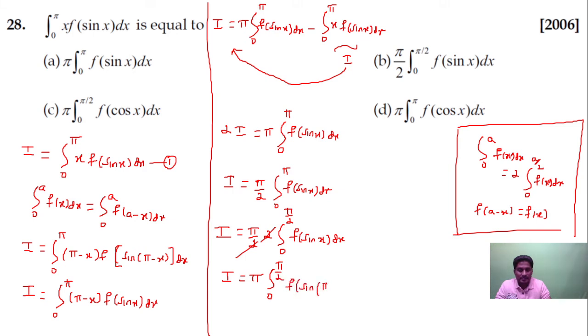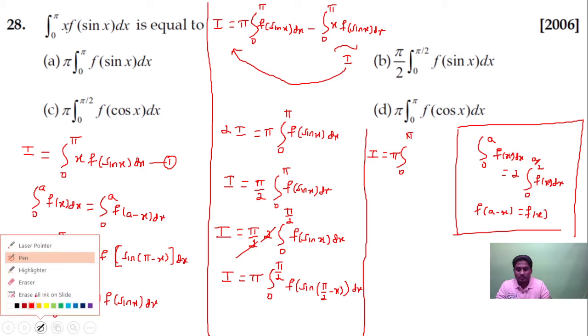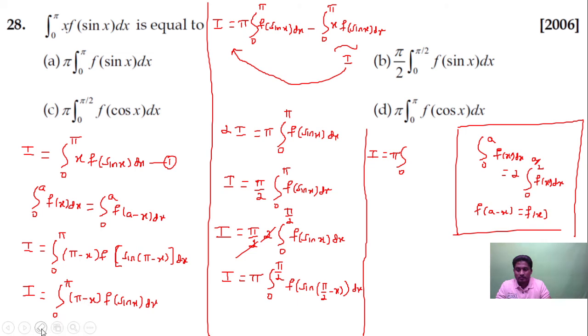So I is equal to pi times integration 0 to pi by 2 f of sin of pi by 2 minus x, which is equal to cos x, dx.